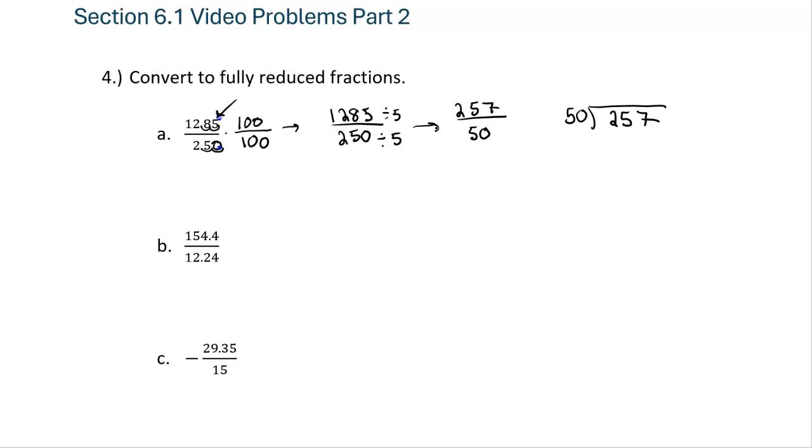When I look at 50 into 257, I see that it goes in 5 times. Well, 5 times 50 is 250. I need to figure out the difference there, so I subtract, and I get 7. The 7 becomes the numerator over 50.